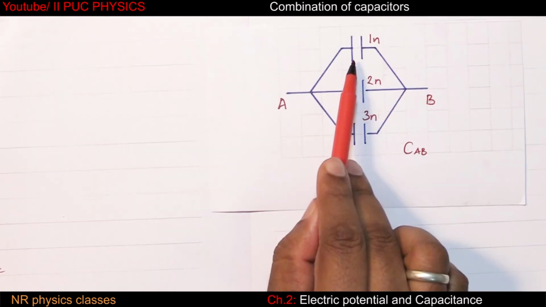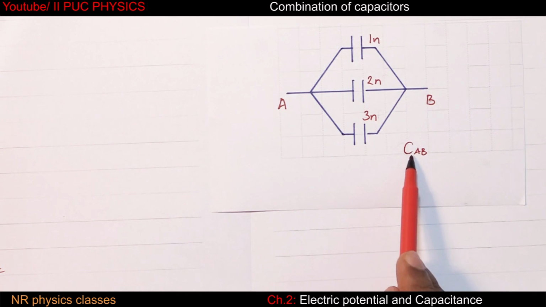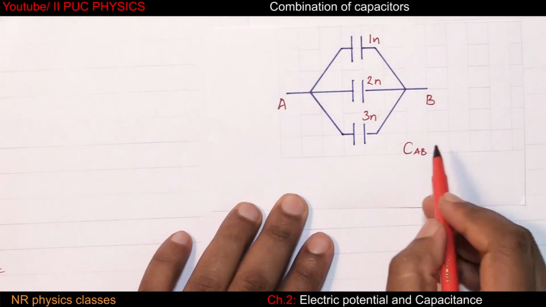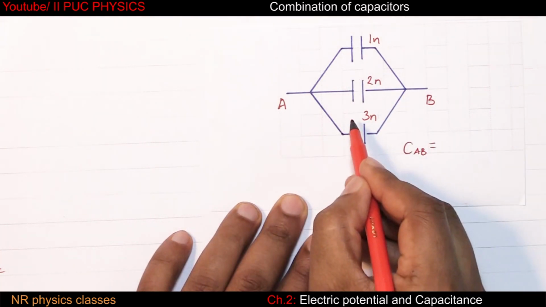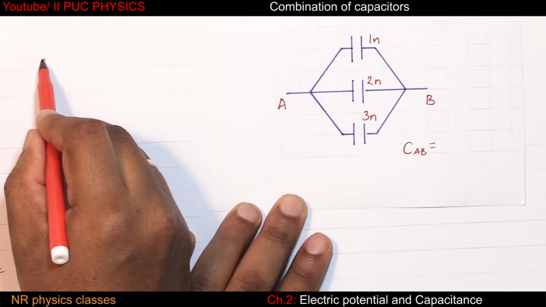Okay. 3 capacitors are in parallel. We have to find between A and B, CAB. Since 3 capacitors are in parallel, the method is very easy, isn't it?